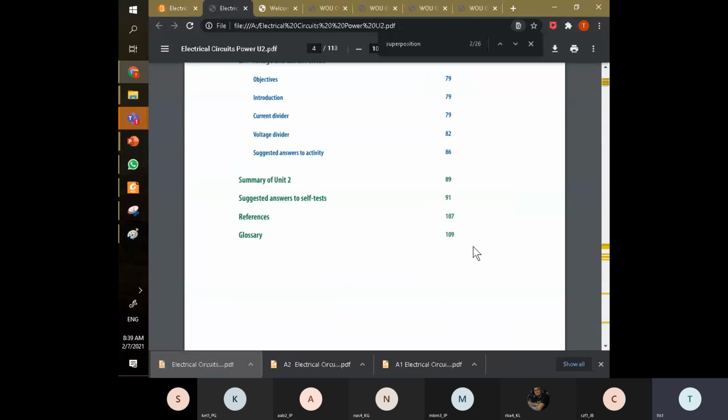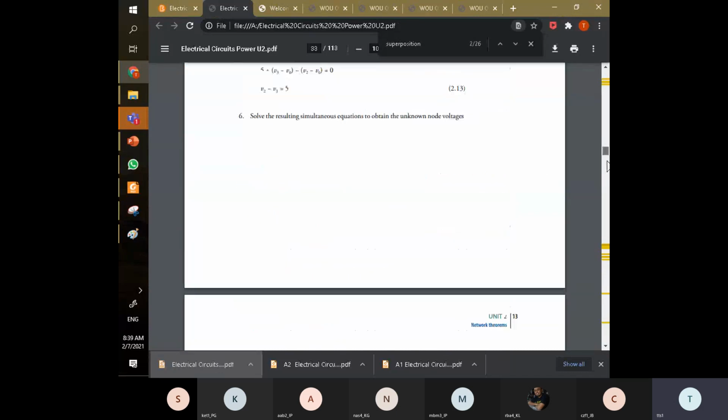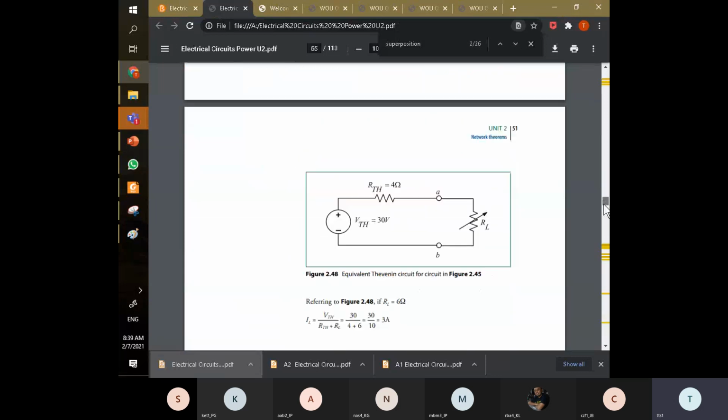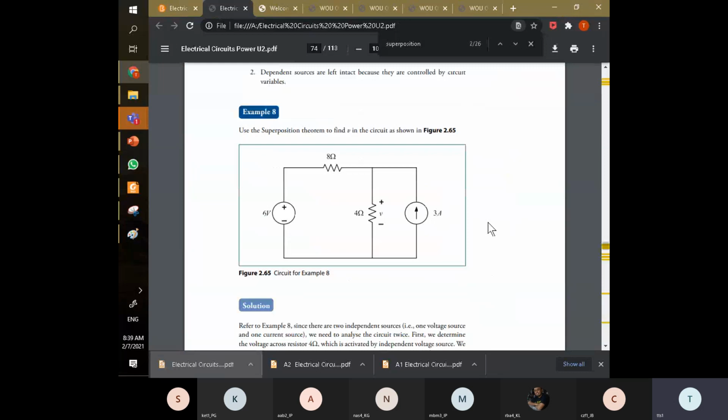Let's go to 69. Now, we have one voltage source, one current source. We want to find the voltage here.